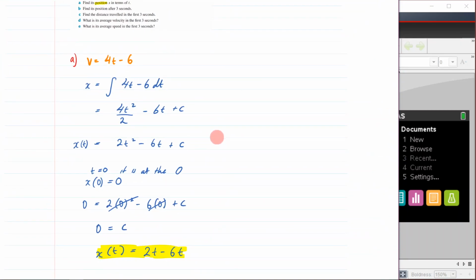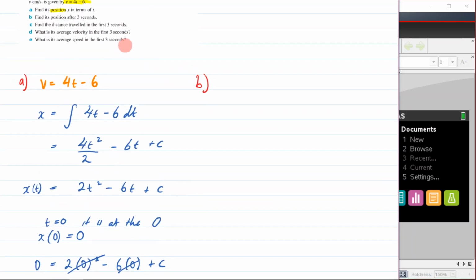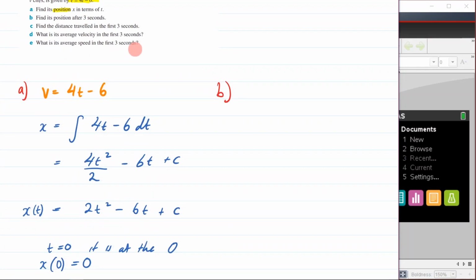Let's now go on to part B. Part B says, find its position after 3 seconds. All right, so to find the position after 3 seconds, I'm going to go, what is x of t? It's 2t squared minus 6t.